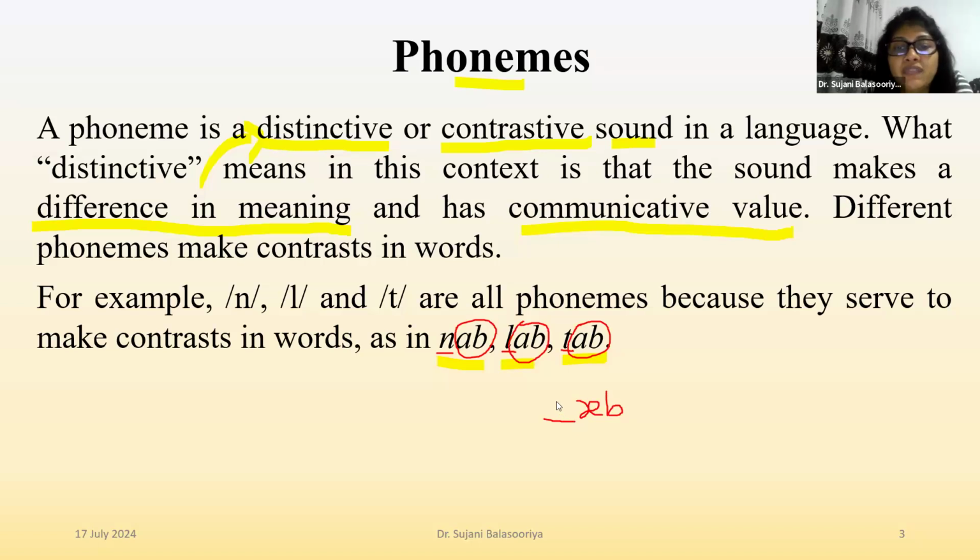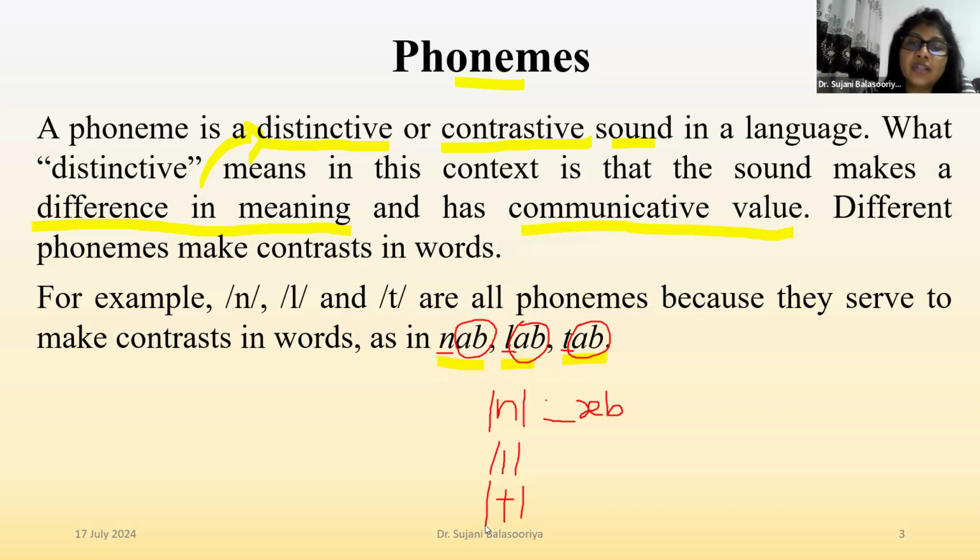If you want to put the phoneme n here, we have nab. If you want to put the phoneme l, then we have the word lab. Similarly, if you put the phoneme t, then we have tab, which means according to the sound you choose for the initial position of these words, the meaning of the word completely changes.